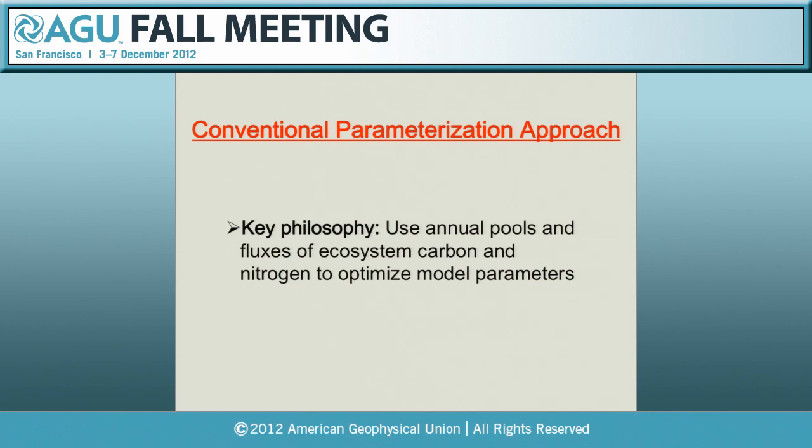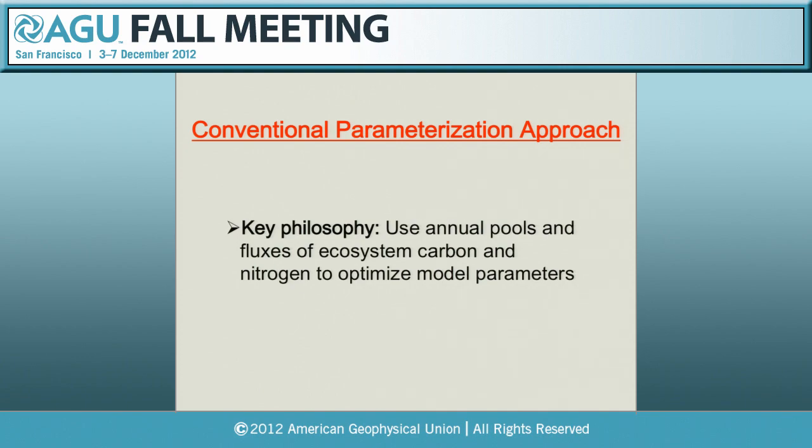I'll start with the conventional parameterization approach to improve parameter quantification and estimation, in order to have a model application for longer temporal scale or larger spatial scale questions. One of the key philosophies we use for conventional parameterization is to use annual pools and fluxes of ecosystem carbon and nitrogen.